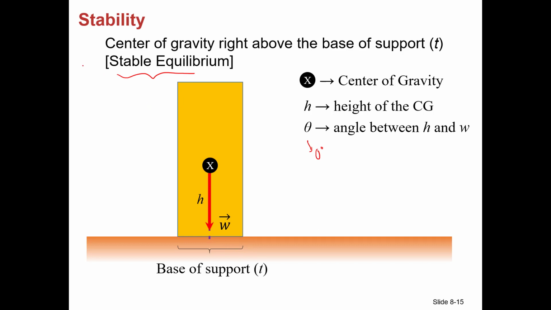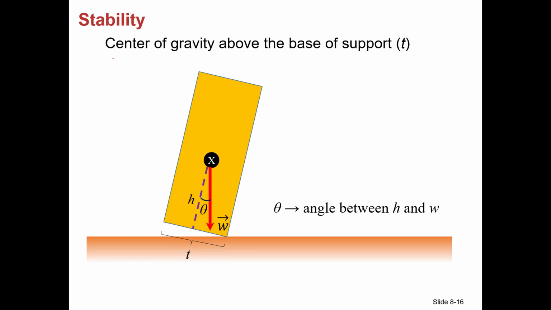Now let's tilt this object slightly to the right. When you tilt it, you see the height h of the center of gravity from the base of support, and the weight w is again vertically down. These two form an angle theta.